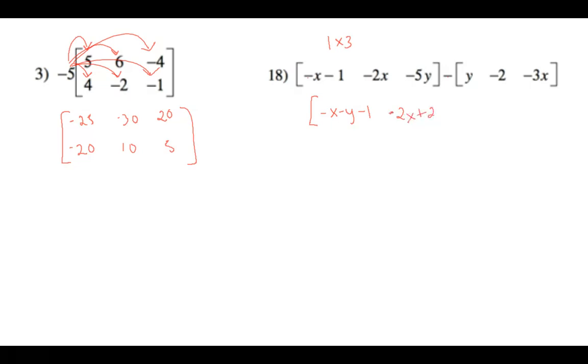Negative 5y minus negative 3x. So 3x minus 5y. Right? So you've got to be pretty neat about this stuff. You want to be as neat as you can be. Organized. Some people like this because it helps you stay organized. You got to be able to read your handwriting.